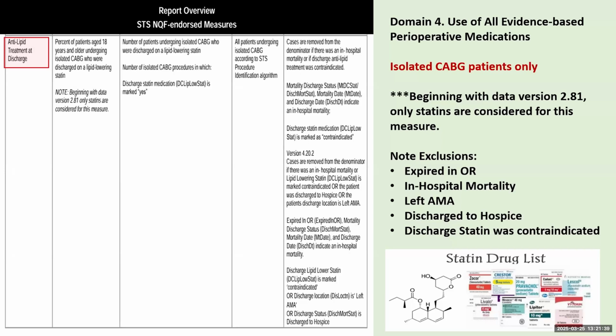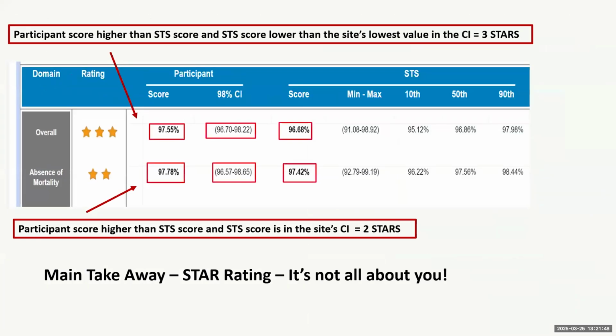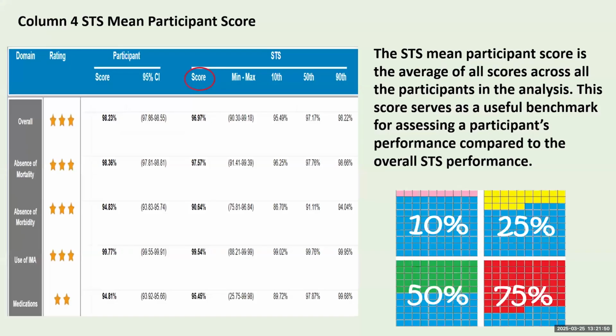Can you explain in the star rating example why medications was 2-star and not 1-star? Okay, so maybe here. Is this the one she must be talking about? It's 2-star and not 1-star. Oh, I see why.